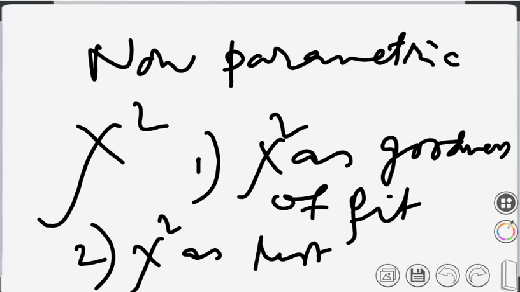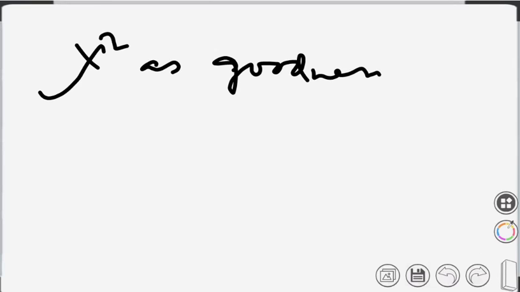We will discuss both. We'll start with chi-square as goodness of fit first.